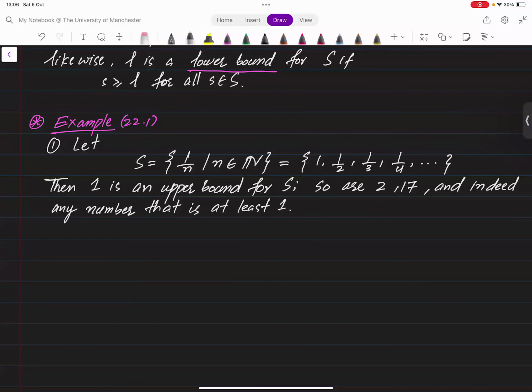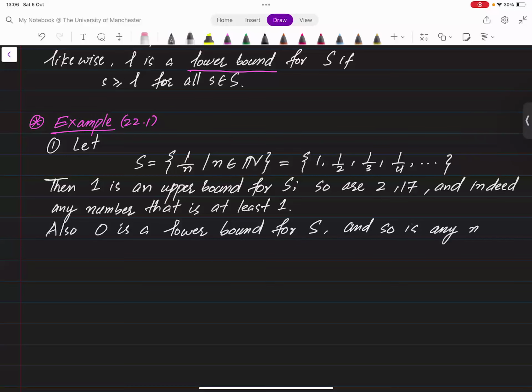Okay. Also, 0 is a lower bound for the set S, and so is any number less than or equal to 0.